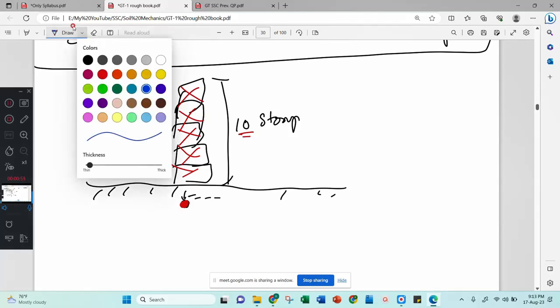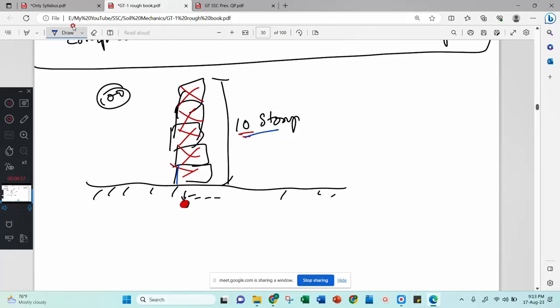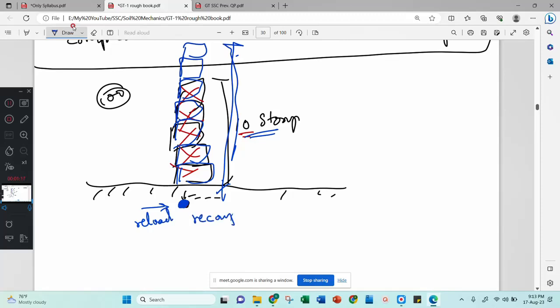Now this time they will not construct a 10-story building, they will construct a 50-story building. Now think of this soil. This soil is experiencing reloading, or this soil is recompressing. This is the process. Then how this soil is behaving inside, that is what this test will explain.